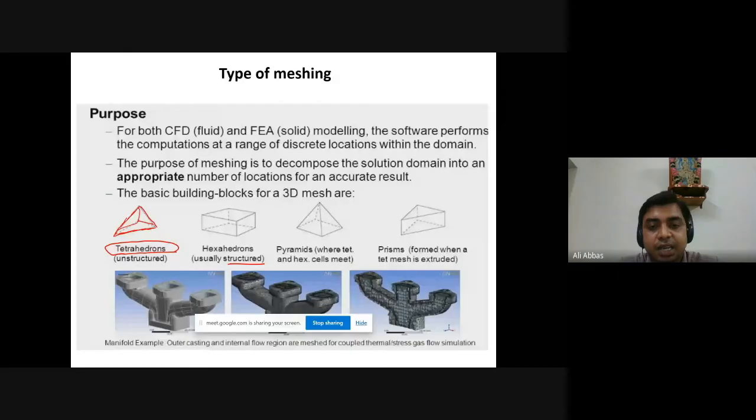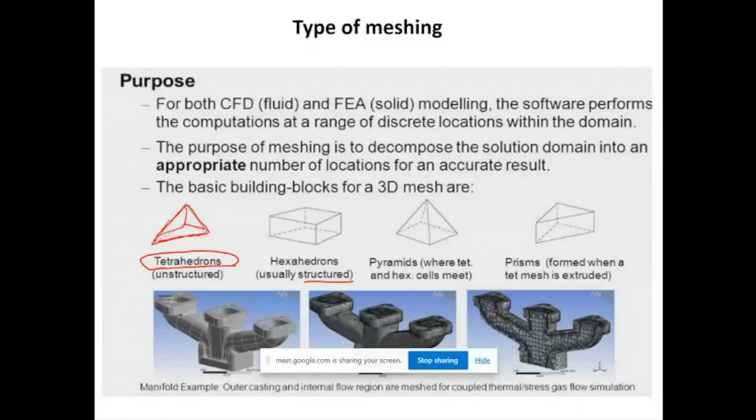But the advantage the structured mesh has is that once you go for the structured mesh, the mesh count will get reduced. So 20 years back, when the computational facility was not that high, people basically used structured meshes with a smaller number of cells, and you can control the quality.